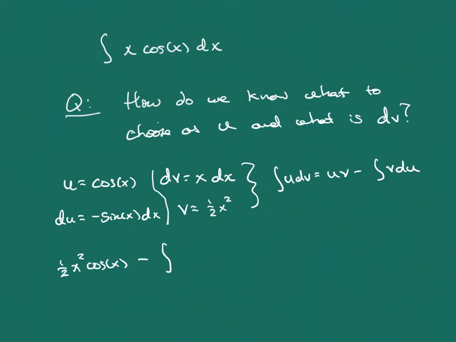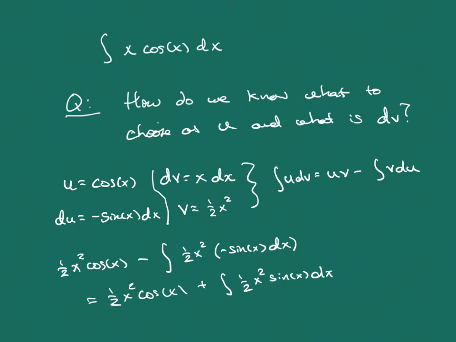So v is going to be 1/2 x squared, and du ends up being minus sine of x dx. And so what we end up having to integrate is we've got our 1/2 x squared cosine of x. A minus and a minus becomes our plus. Our integral 1/2 x squared sine of x dx.